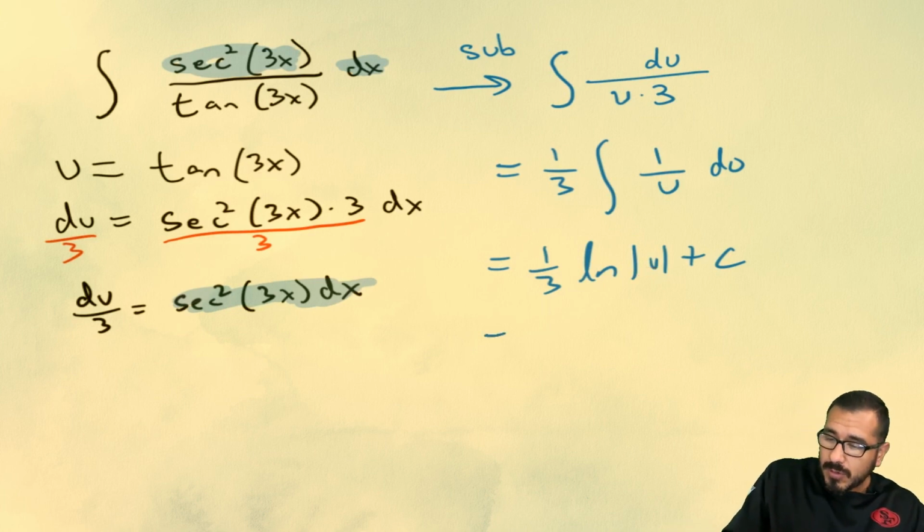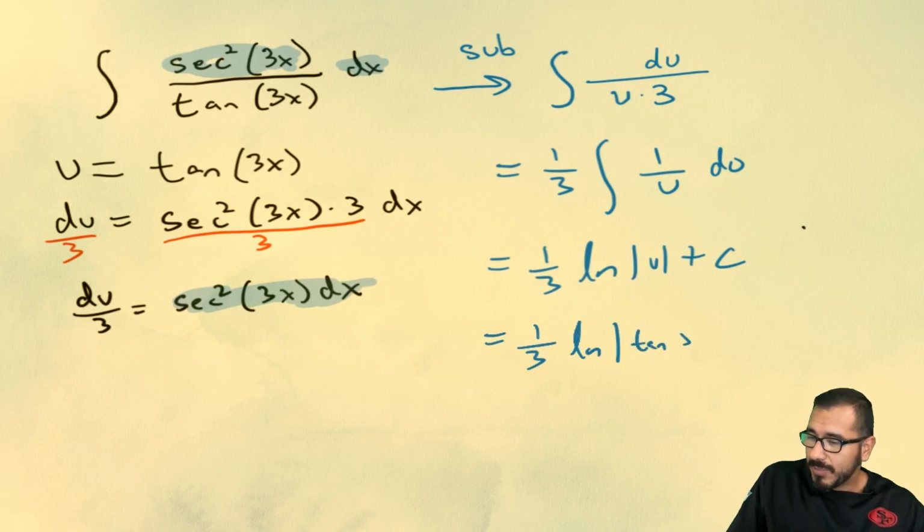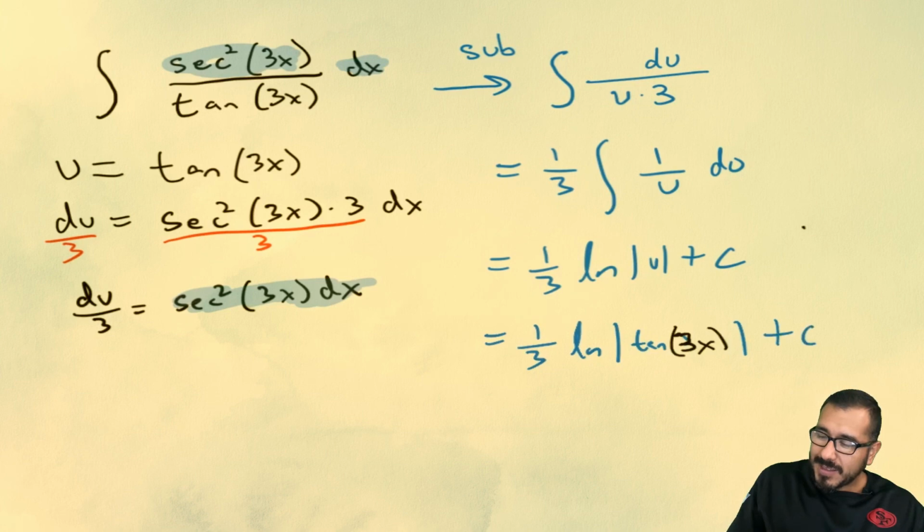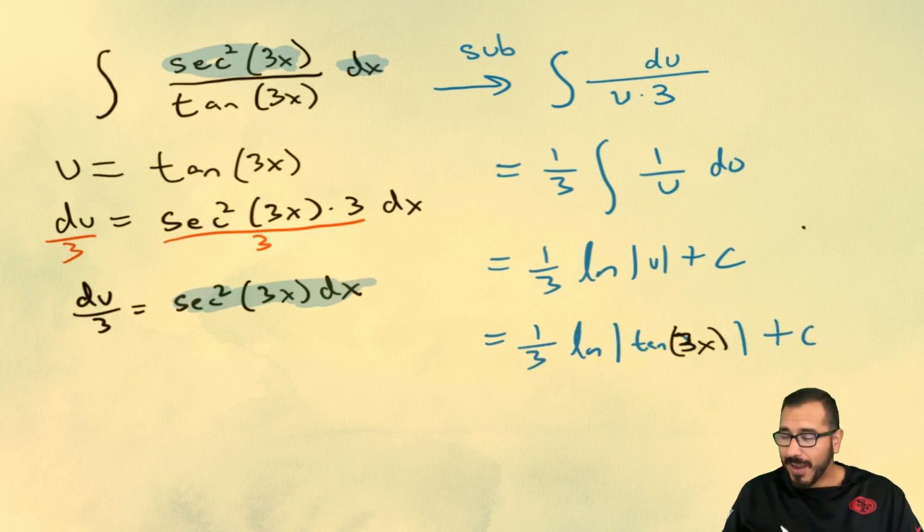So we're left with 1/3 times ln of the absolute value of tangent of 3x. Oh, sorry, all my little markers are getting in the way. I didn't mean to change colors, but it's all good. And all that's inside the absolute value, plus c there. All right, folks. So follow those easy steps and you're done.